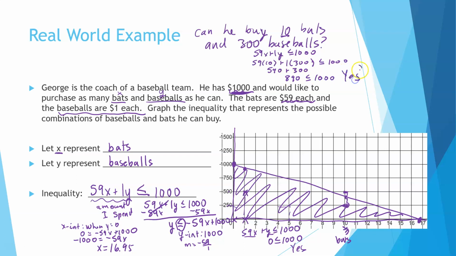Yes, it is. So yes, he could buy that. If you get yes as the answer, then yes, it works. And again, it looked like it would in the picture, but just to be 100% sure, you can always plug in those x and y variables to find out.